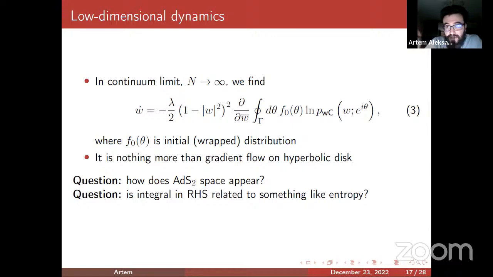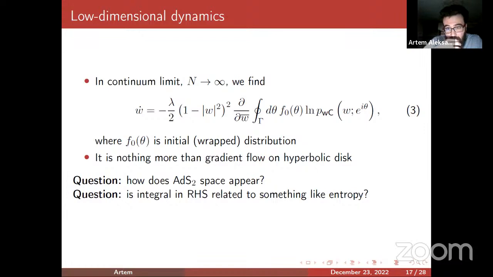Yes, in some sense it is obvious because this equation is known. But as I understand, no one has said that it is a Kullback-Leibler divergence. I see. So you're saying that you rewrite your original equations in terms of equation 3. Yes. Notice that 3 is nothing else but the Kullback-Leibler divergence.